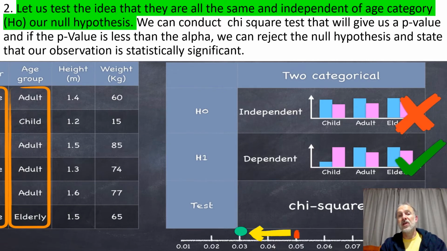So we can conduct a chi-squared test that will give us a p-value. And remember, if the p-value is less than the alpha, then we can reject the null hypothesis and state that our observation is statistically significant.